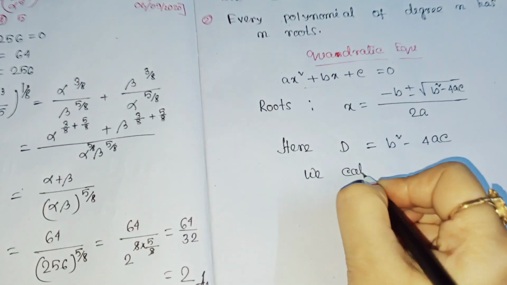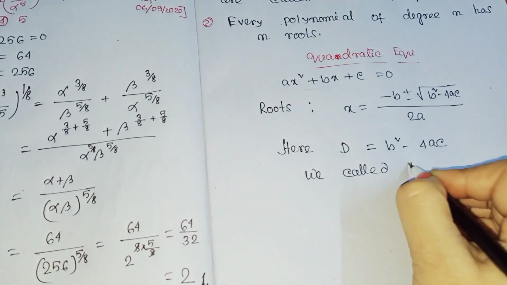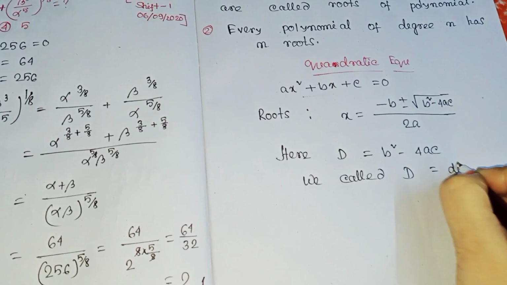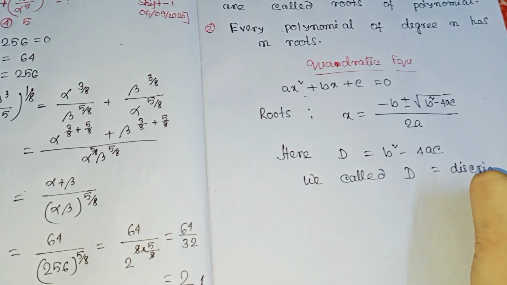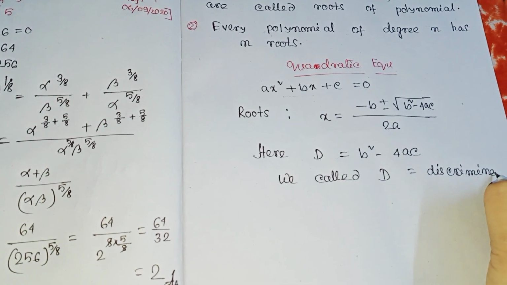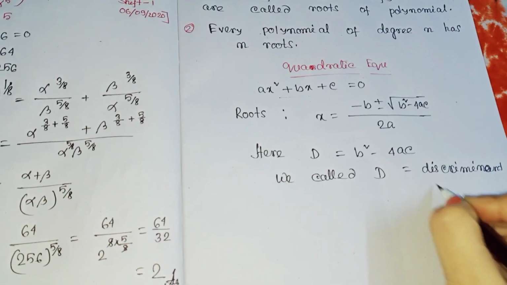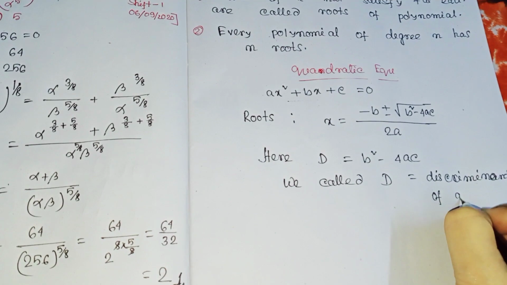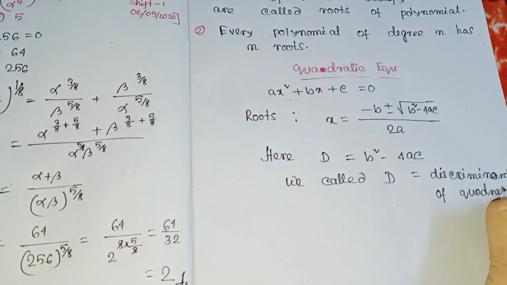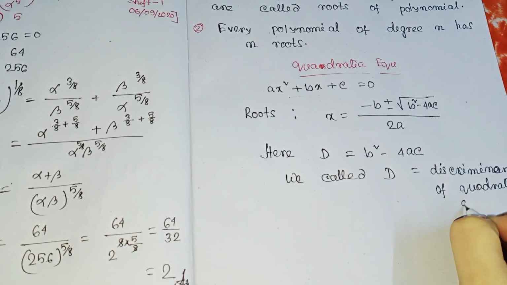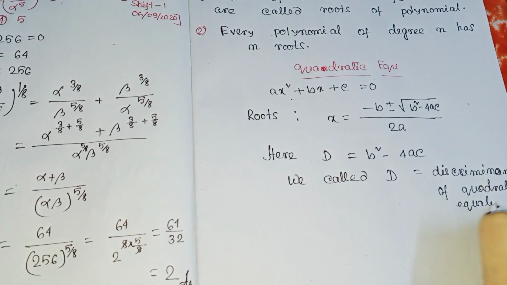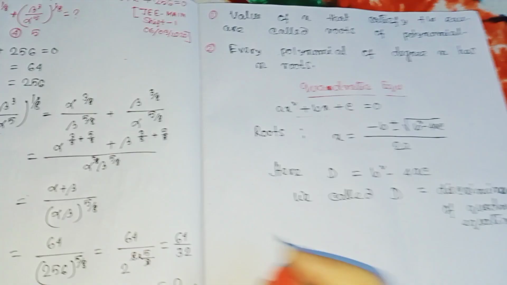And what is D? We call D the discriminant of the quadratic equation.